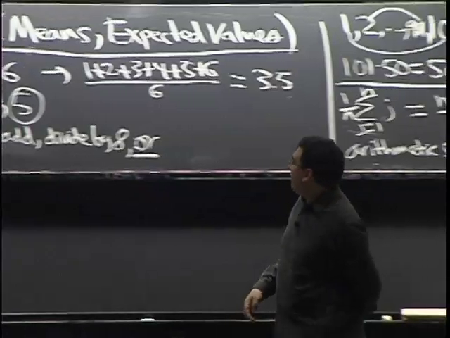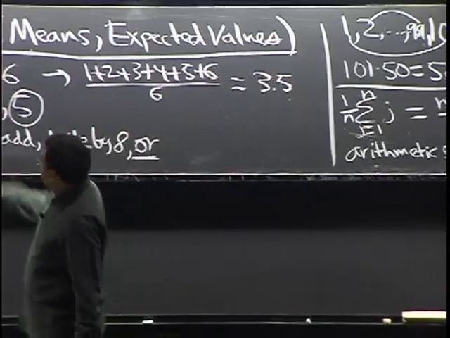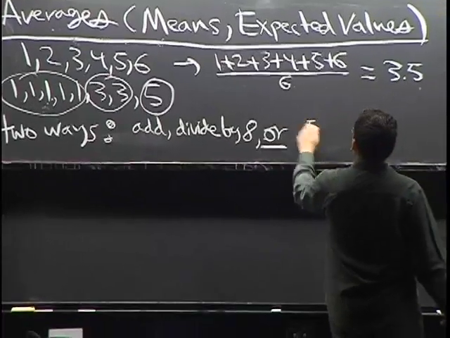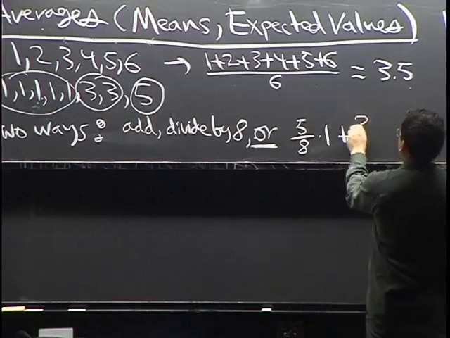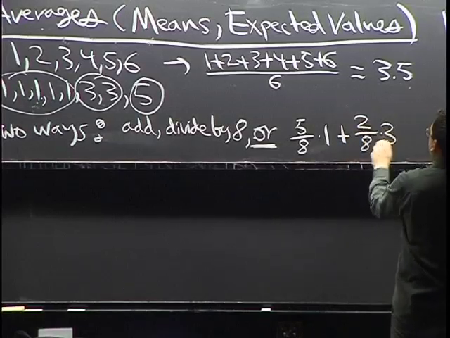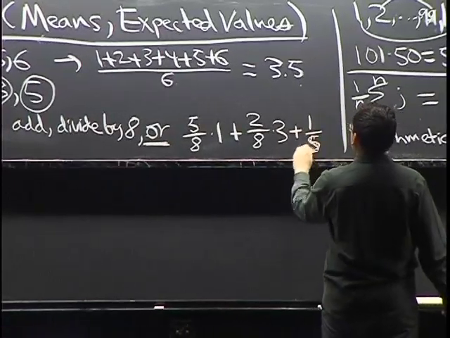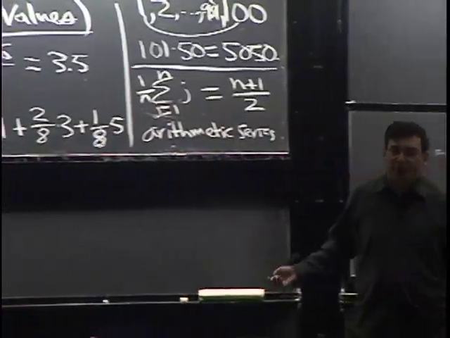So I would do a weighted average, where I'm giving this term weight 5/8 because there are 5 1s, and I'm giving the 3s weight 2/8, and I'm giving the 5 weight 1/8. And that would be the same, right? Just simple arithmetic.